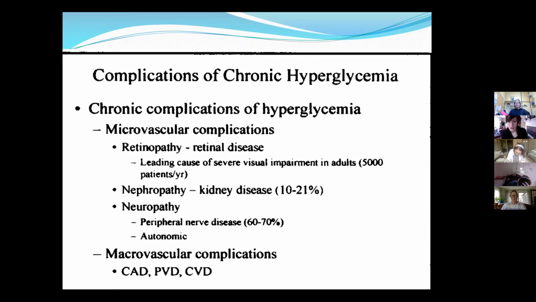They include coronary artery disease, so they die from heart attacks, peripheral vascular disease, where their blood vessels to the periphery are damaged, and amputations and non-healing wounds result, and cerebrovascular disease, or blood vessels to the brain, resulting in strokes.